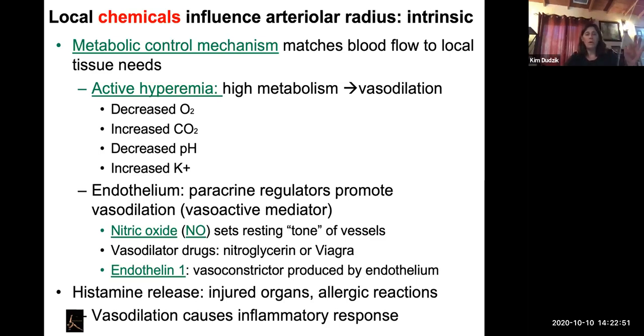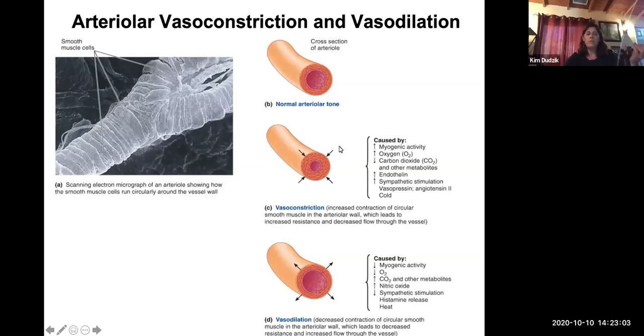Okay, so those are local chemical controls that are signaling the smooth muscle cells in the arterioles, causing an intrinsic control. Okay. And so this picture can show you that as well. We talked about the chemical portions that you see here already. So you can see that maybe there's an increase in oxygen at a tissue, so we're going to constrict, right?